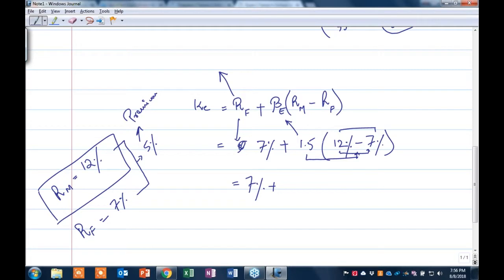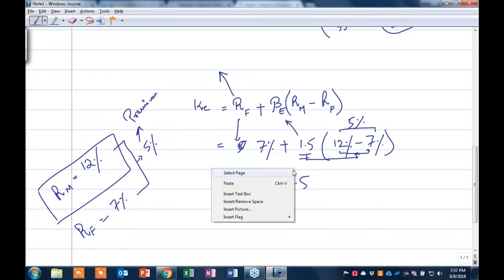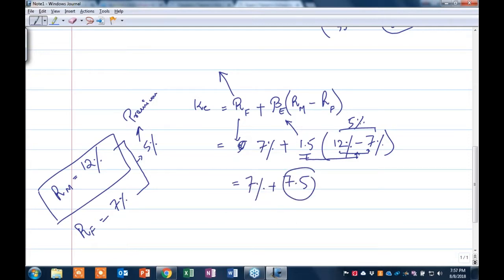So can I have 1.5 times of 5%? 7.5. So this is the risk premium that we expect from this company. And 5% is the risk premium that we expect on average from the market.